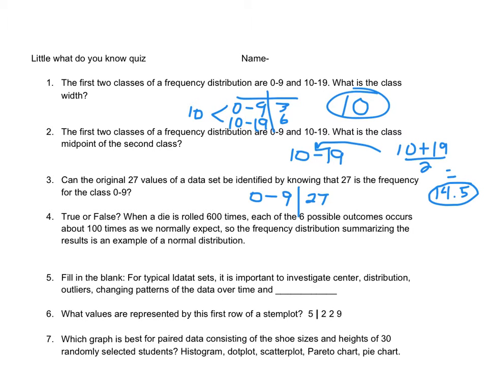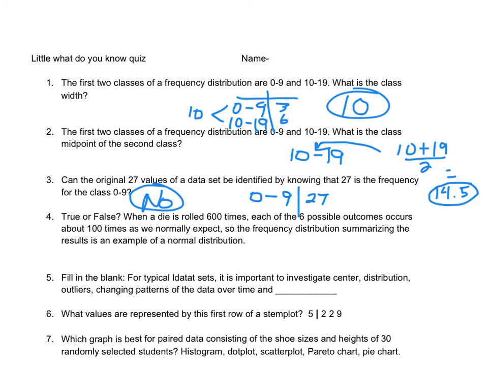We only know that they are between 0 and 9. We don't know their exact value, so no, we cannot get the original 27 values. In fact, we can't even get one of them for sure. That's a drawback of a frequency distribution: you don't have any of the individual data points. You simply have the number of data values that fall between a certain range of numbers, which we call a class.